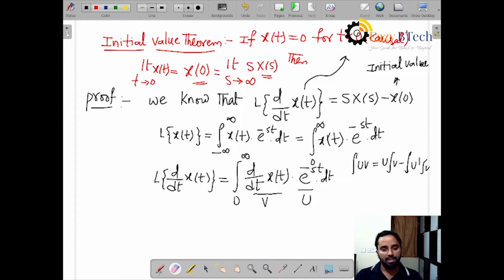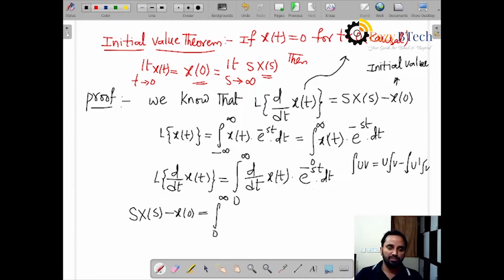Just write the Laplace transform of d by dt of x of t, because we can get the solution without the uv expansion. So on the left side we have the Laplace transform of d by dt of x of t, which we know is s into X of s minus x of 0. That is equal to the right side, integral 0 to infinity of d by dt of x of t into e to the power minus st dt.